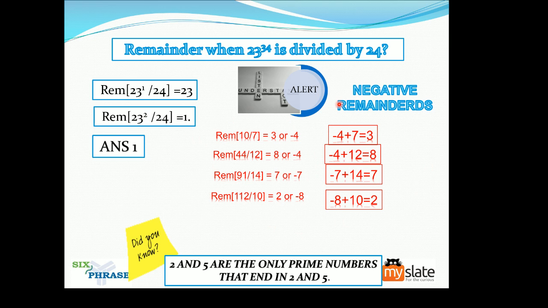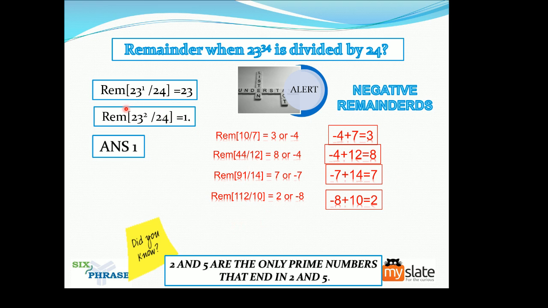I want to make sure you know all the shortcuts, all the nitty-gritties of remainders. This remainders program is a comprehensive program which covers all the details, so that whenever you are asked a question on remainders, you don't feel inadequately prepared. So we'll see how to use this in this problem.